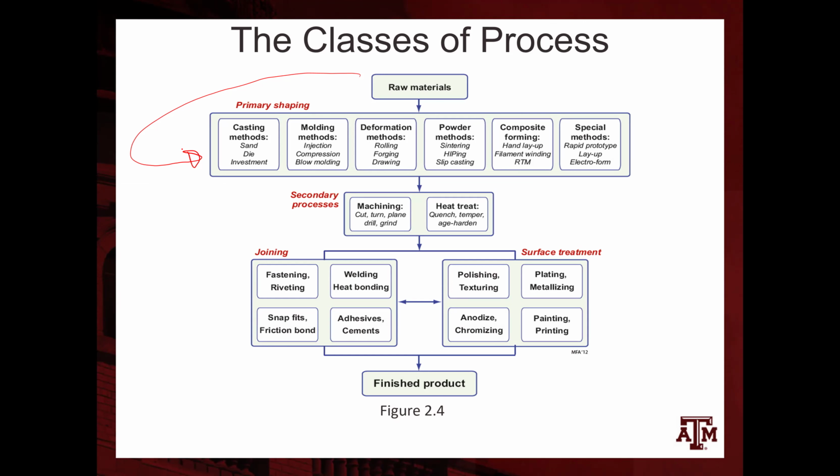Then we can use joining to make larger components, and we can use surface treatment to add some protective layers at the surface to make it last longer or make it more compatible with challenging environments.